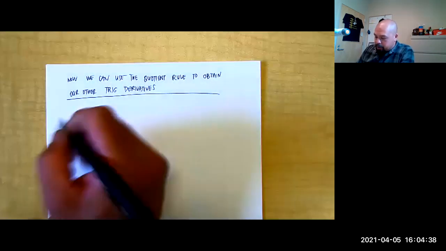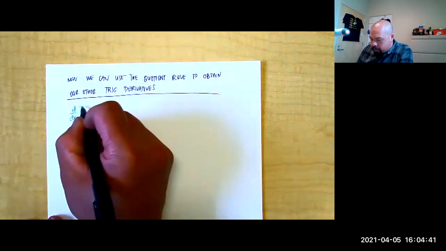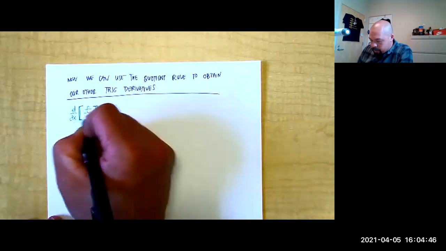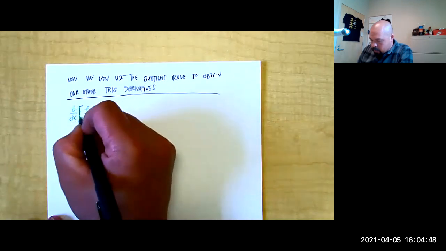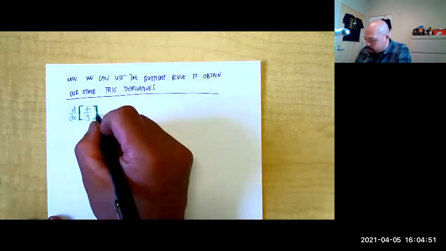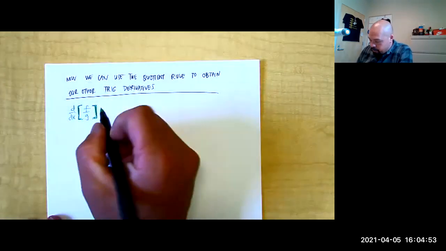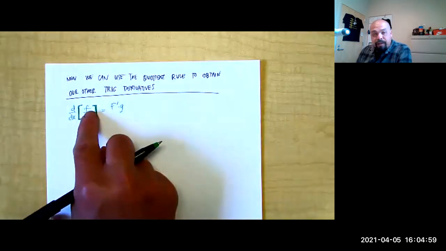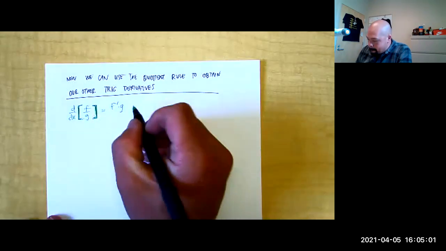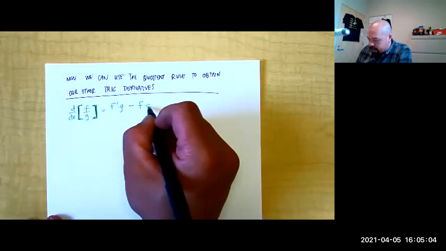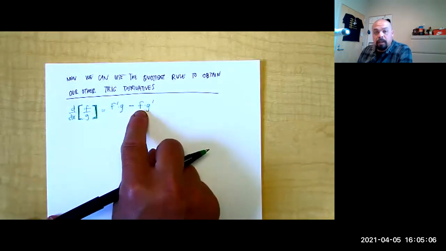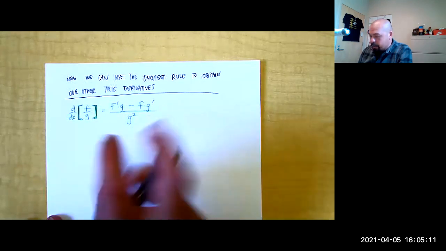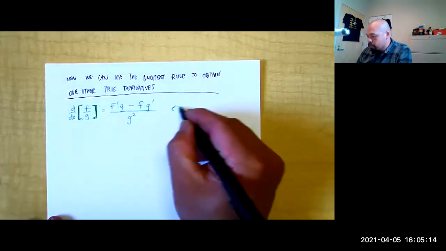Okay, so just remember, if we're taking the derivative of a quotient, f over g, the derivative of that quotient, f prime times g, numerator derivative, times original denominator, minus f times g prime, numerator function original, times derivative denominator, all that over your denominator, original denominator, squared, right? There's our quotient rule.